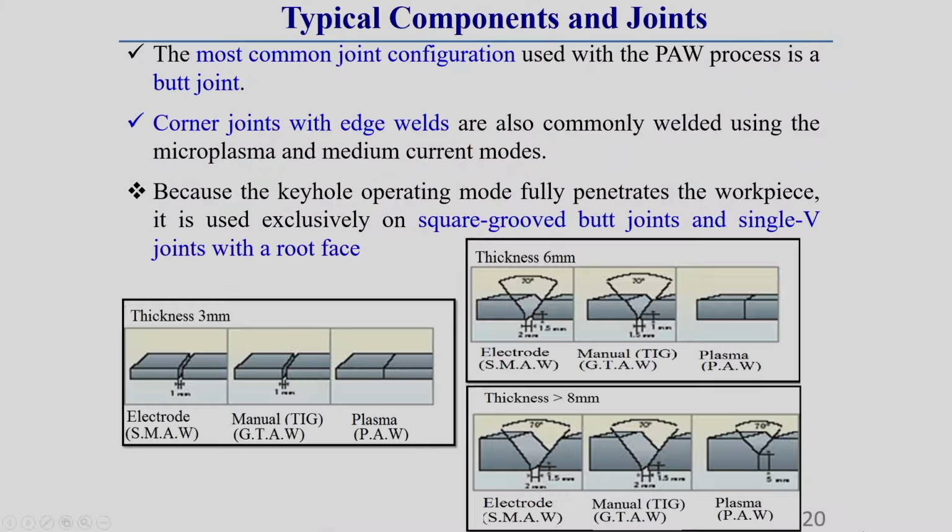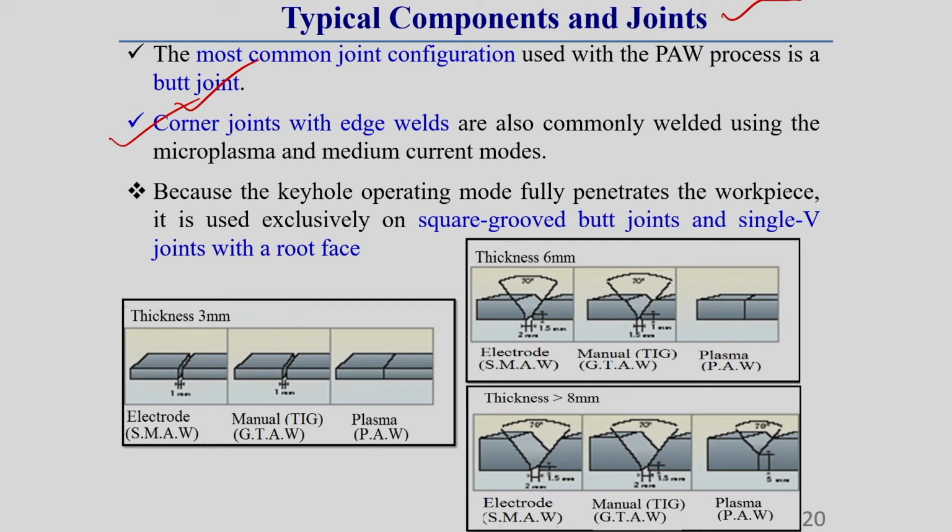Now, here I am showing some typical components and joints. The most commonly used joint configuration with the plasma arc welding process is the butt joint. Here I have shown you. This joint can also be a corner joint or edge joint.